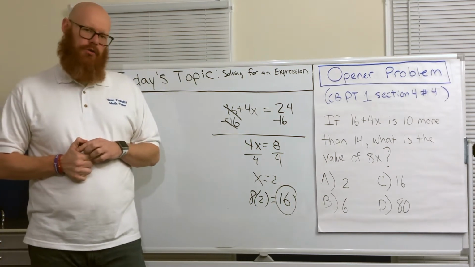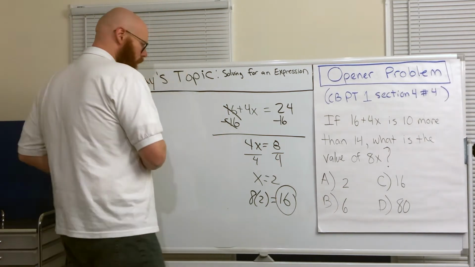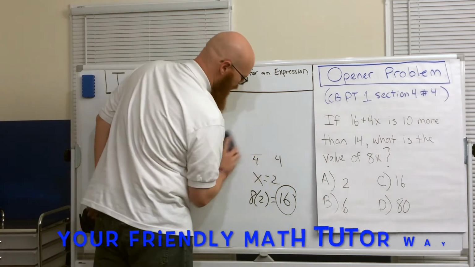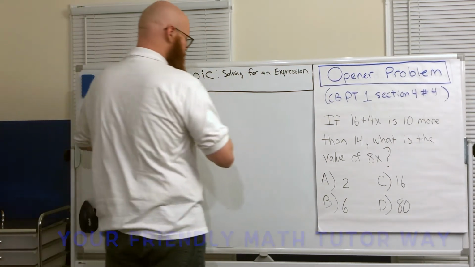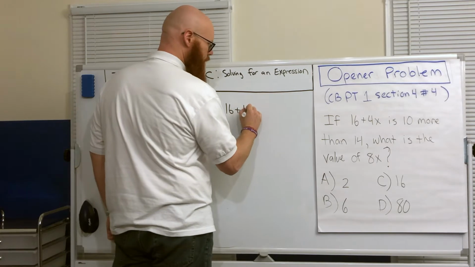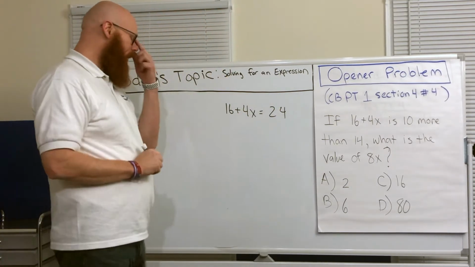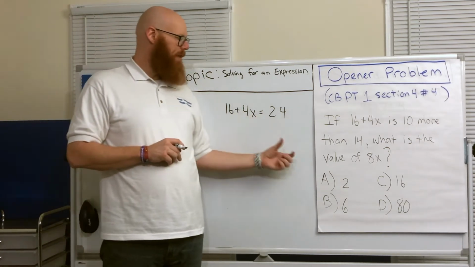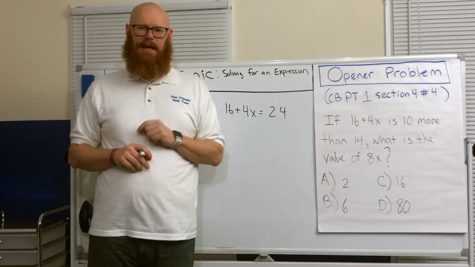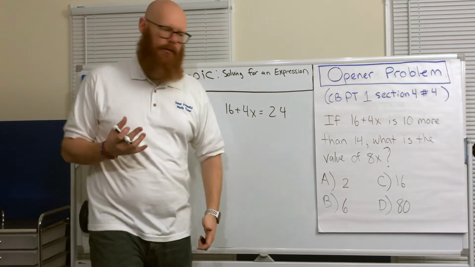But what we're going to do is try to make that process a little bit shorter. In your Friendly Math Tutor way, when we read the problem, we would still write this equation: 16 plus 4x equals 24. And instead of solving for x, I'm just going to manipulate this to get directly to 8x, and skip the process of ever finding x to begin with.